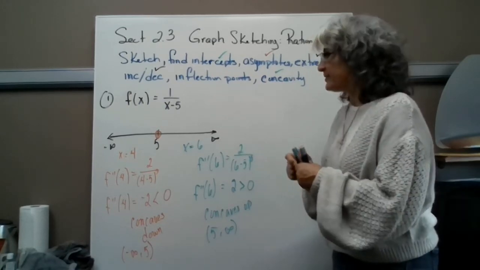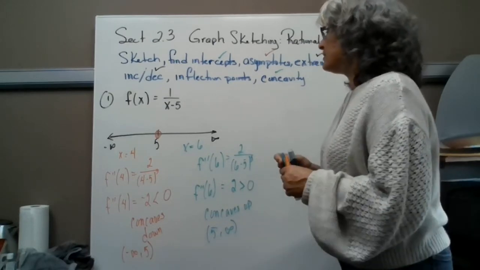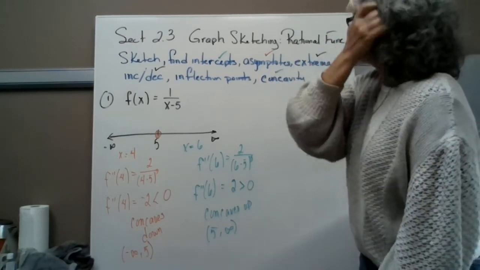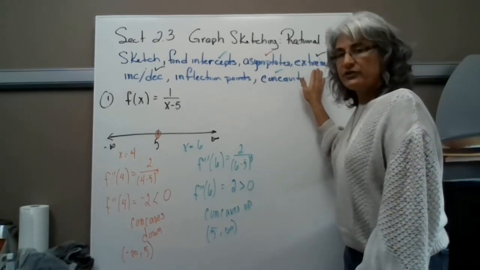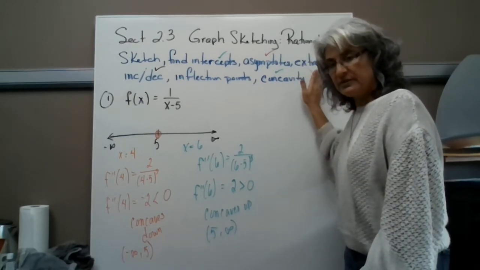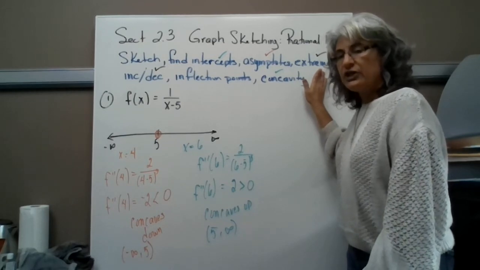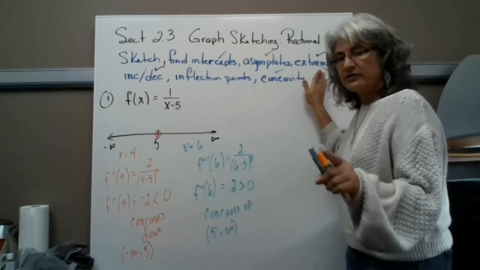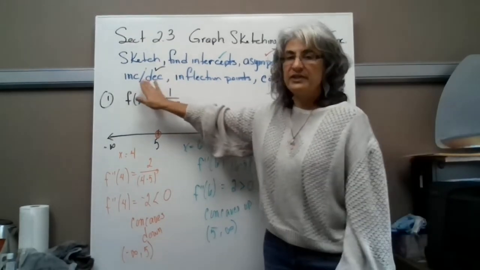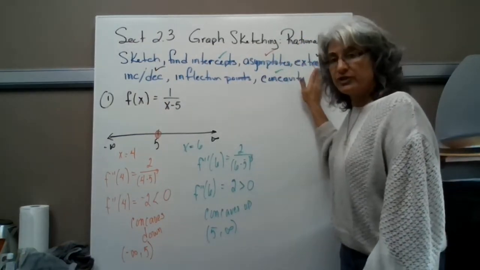So here's something I want to recap before we start sketching. If you want to find your relative extrema, you need your critical value, correct? Which means you need the first derivative. Your first derivative helps you find the critical value, helps you decide where it's increasing and decreasing, and also helps you determine your extrema.